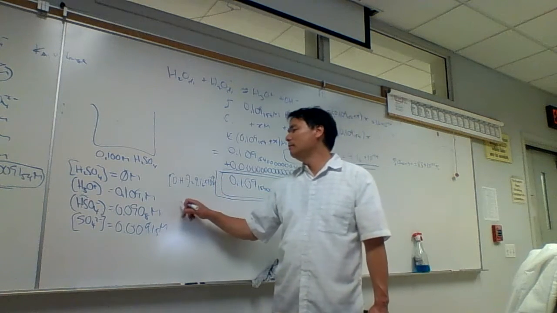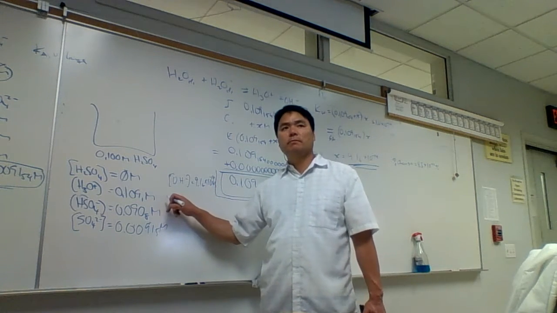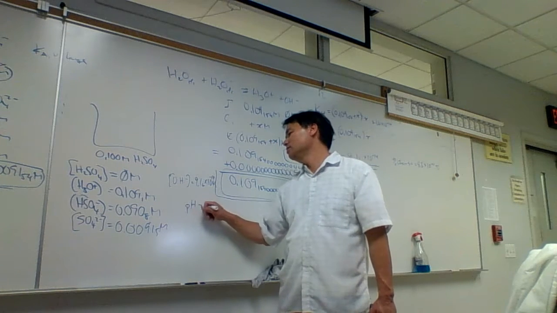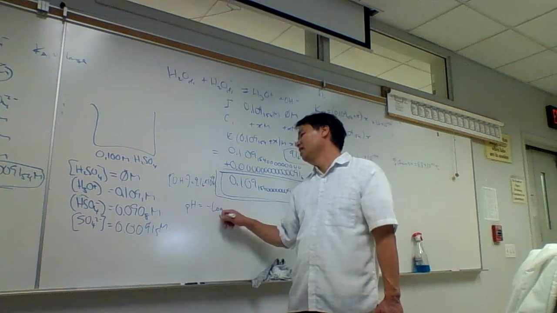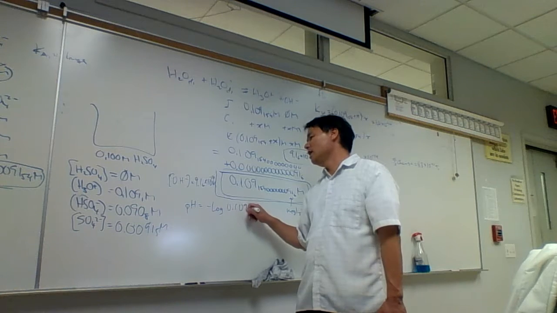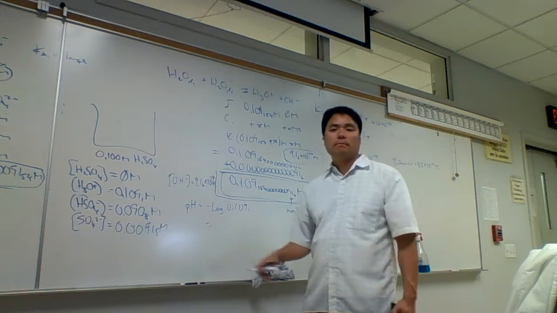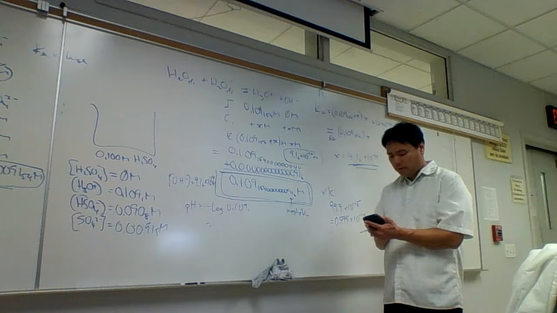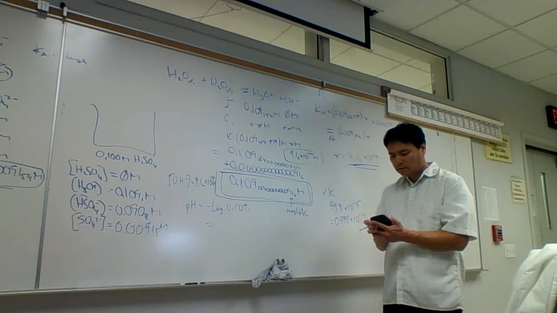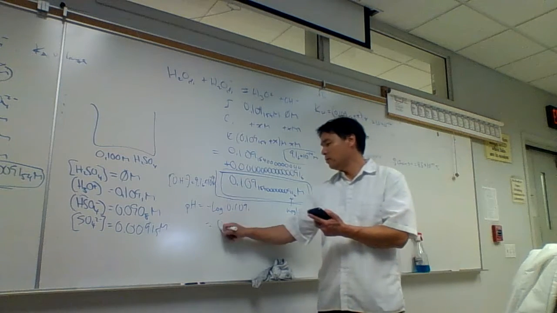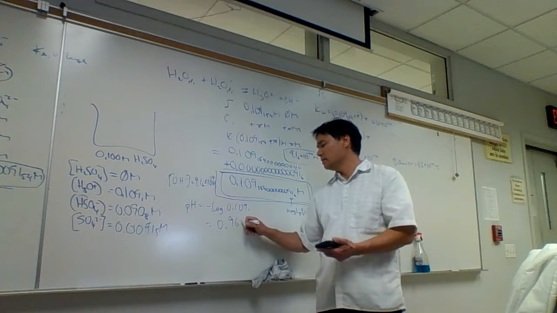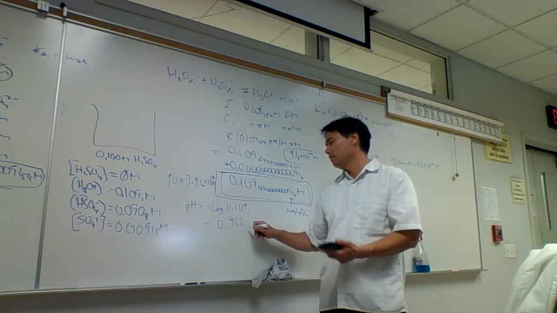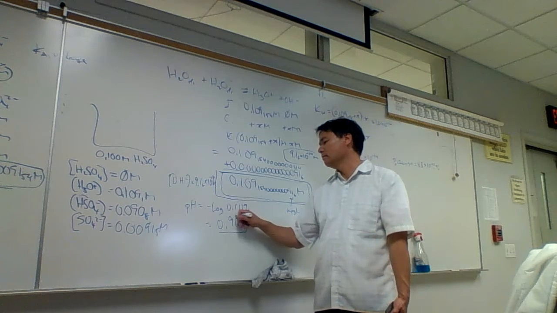And so the pH is going to be based on the total hydronium, right? And so the pH is equal to the negative log of 0.1091. So 0.1091, the log of that. And the pH is 0.962. That would be 3 sig figs.